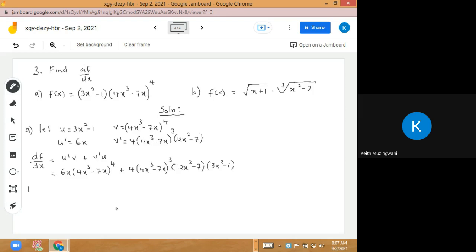For b, we let u be (x plus 1) to the power half, so that its derivative becomes half (x plus 1) to the power negative half multiplied by the derivative of x, which is 1, and the derivative of 1 is 0.